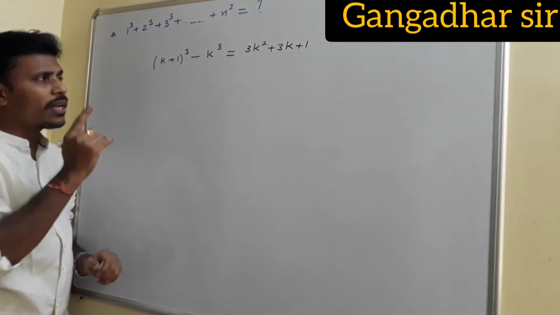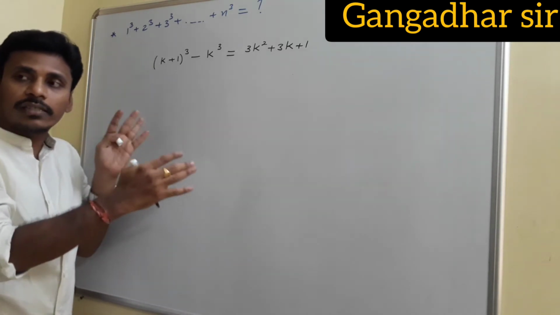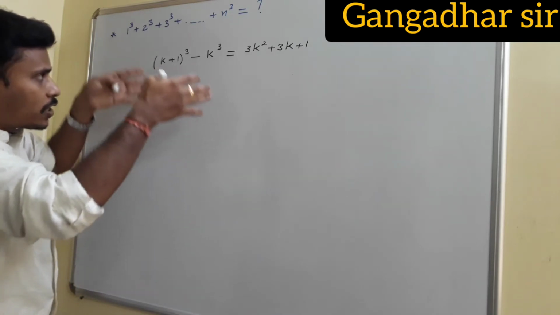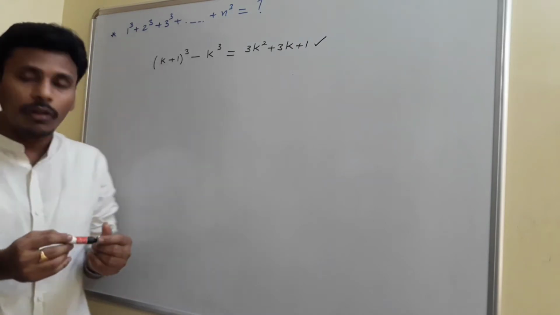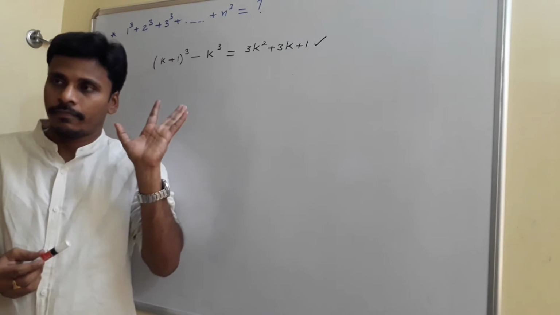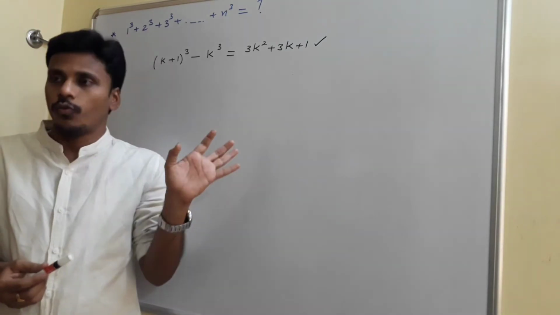You just replace any value in the place of k. Both the left side and the right side are in balance, if you place any value in the place of k. So that's why we call these types of mathematical equations identities, right? Which is true for all the values in all situations, right?